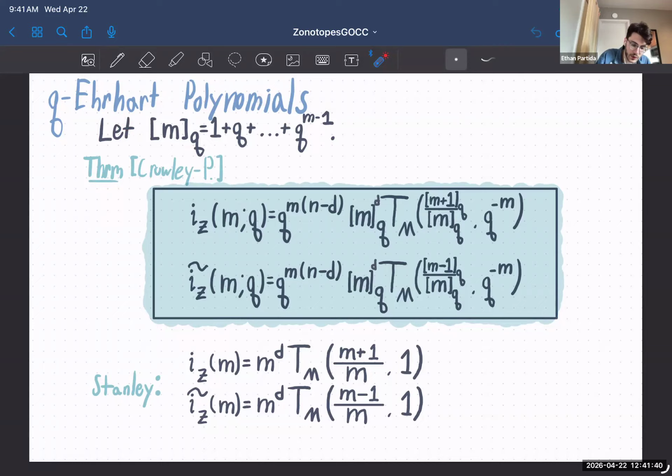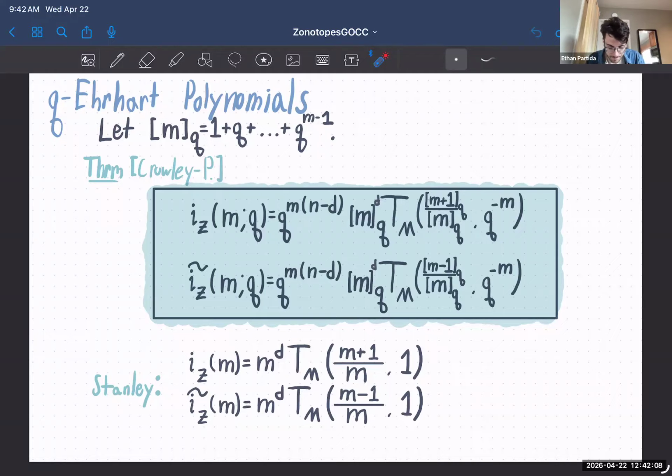The important thing to note about this polynomial is that when I plug in q equals 1, I recover m, the number m. And so we give this expression. The main thing to note is that, up to this degree shift in the first part and in the second component, our expression for these lattice point counts is essentially Stanley's, replacing everywhere you see an integer with a q integer.